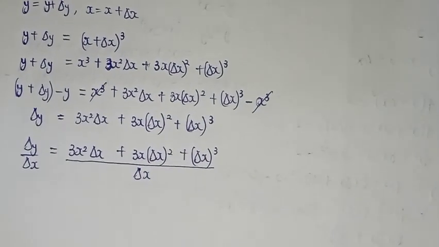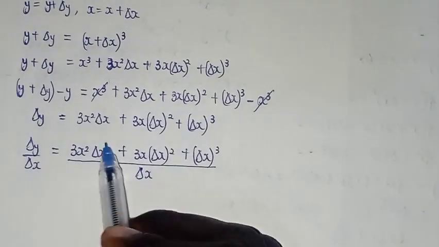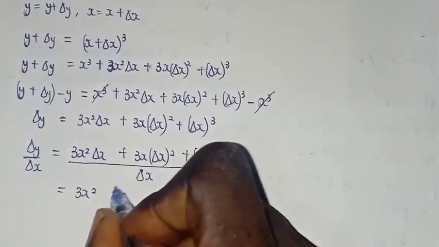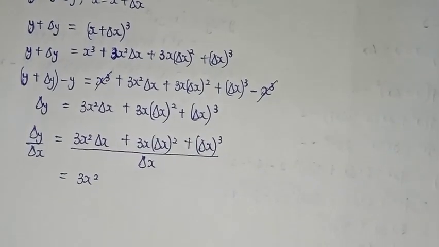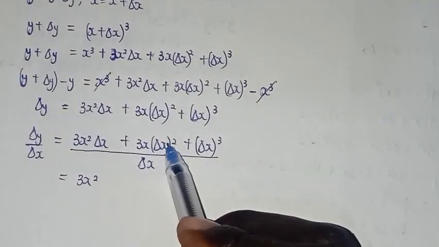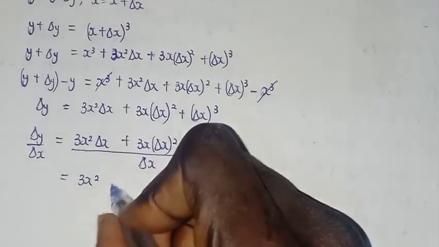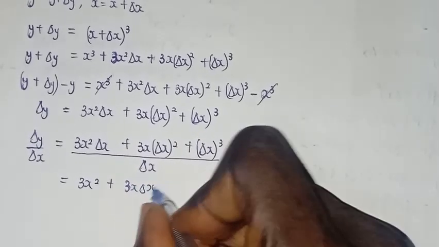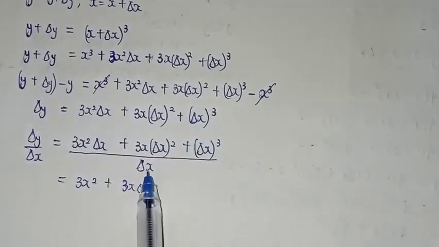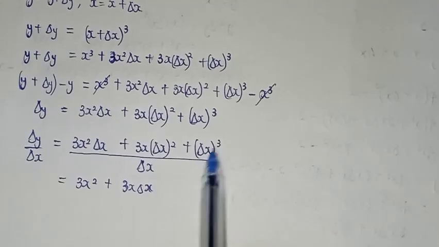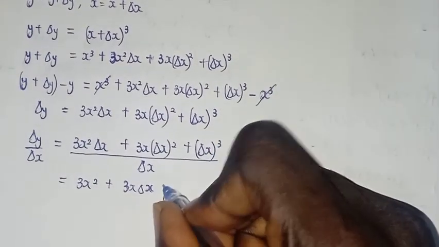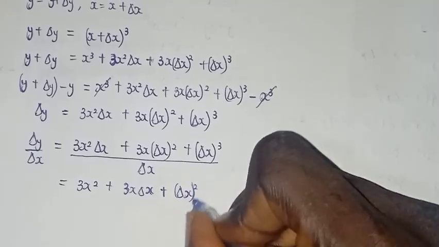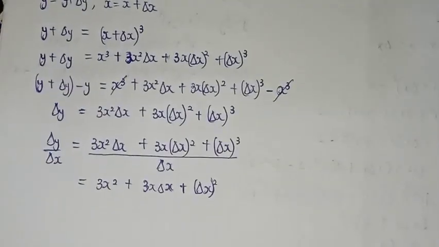So some things will cancel out here. This will cancel out this, so we have 3x squared, right? And then delta x will cancel out one of delta x here, and then we have 3x delta x left, and then delta x will cancel out delta x cubed, and then we have delta x squared left, all squared rather, right?